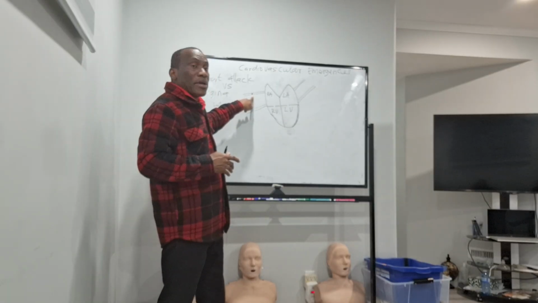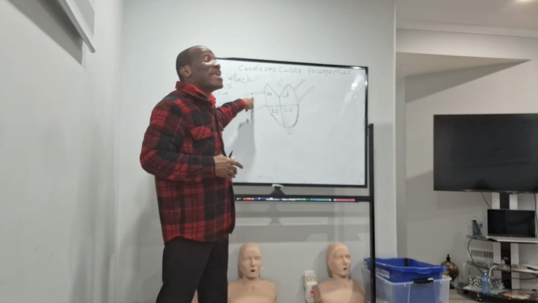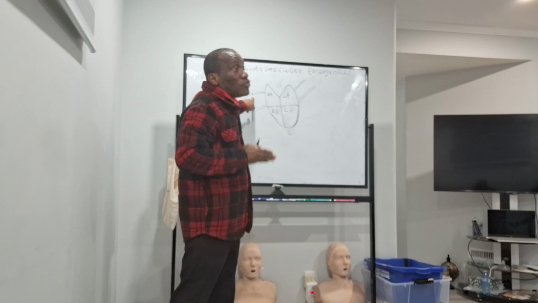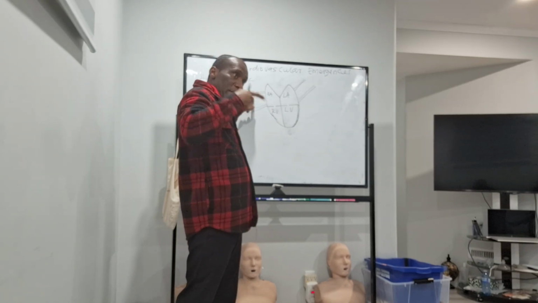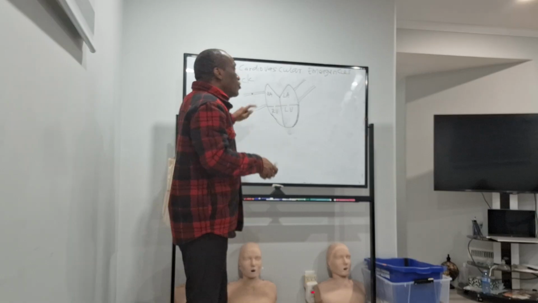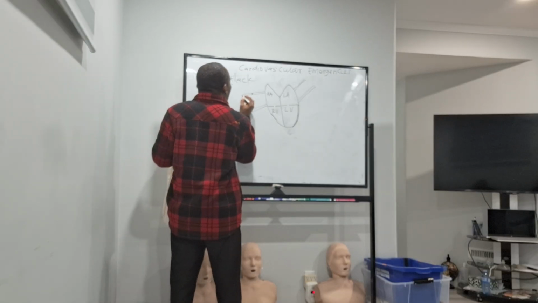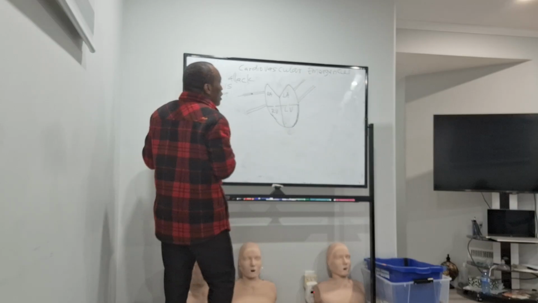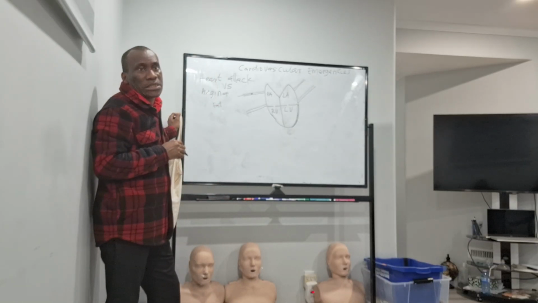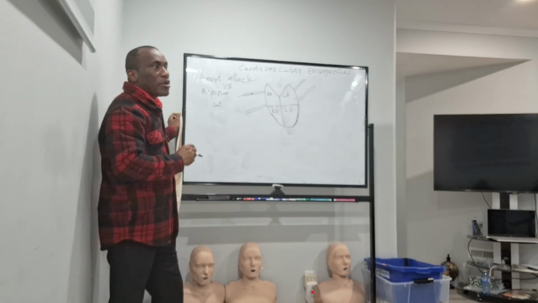And because this artery is not big enough to accommodate it, it will lodge there. It plugs it, it blocks it. So blood is flowing, but this blood is not going to pass because of that blockage.